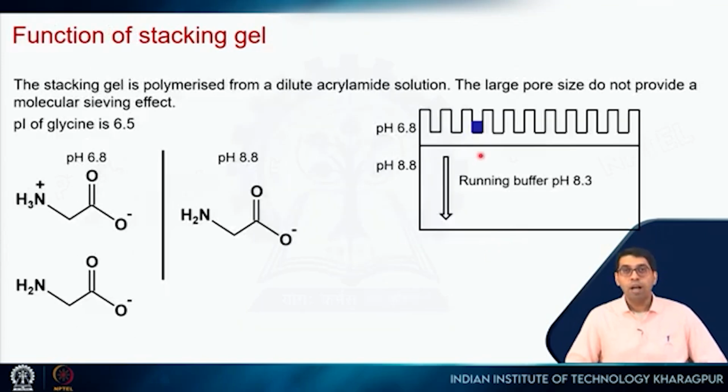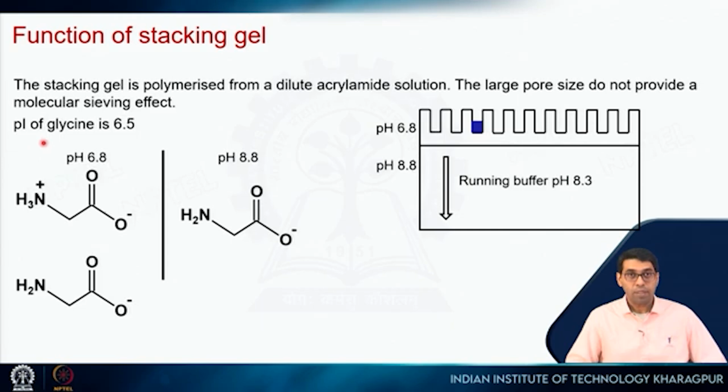Let's see how the stacking gel brings all these protein molecules into a very tight band just before entering the resolving gel. There are two ions, glycine and chloride. Glycine has two charged groups, a carboxylic group and an amino group.